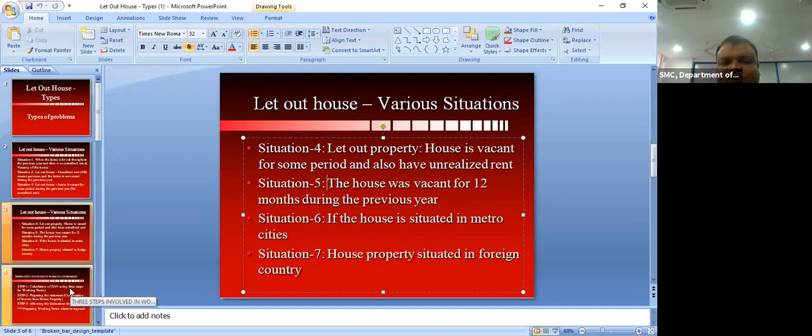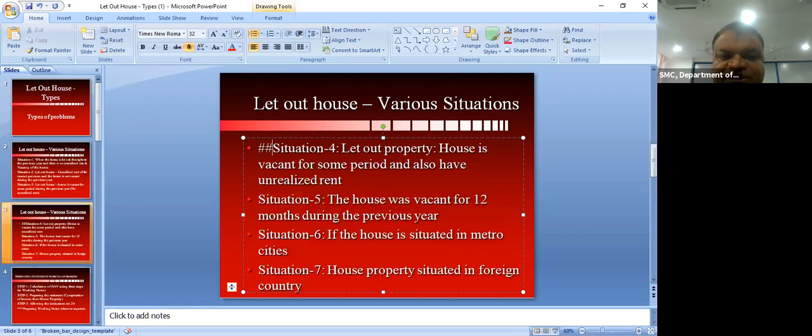Among that, the fourth sum will come mostly in the exam. This fourth variety, or the fourth situation, is very, very important. Hence, I am trying to put a star mark for you to think that this situation is very, very important.